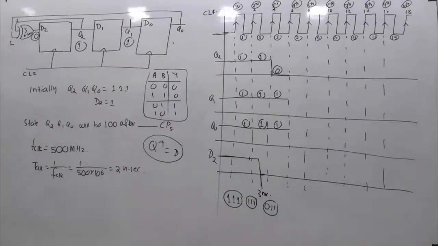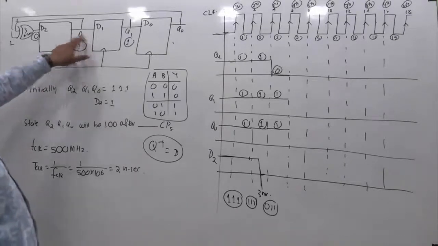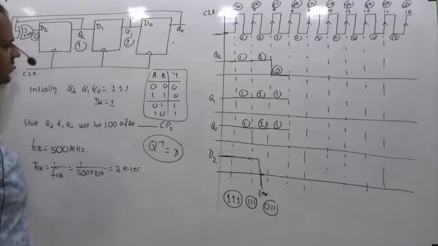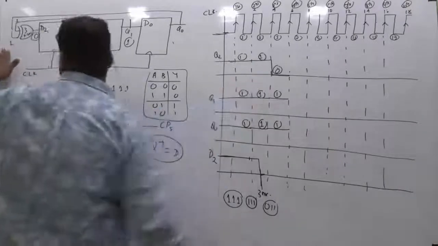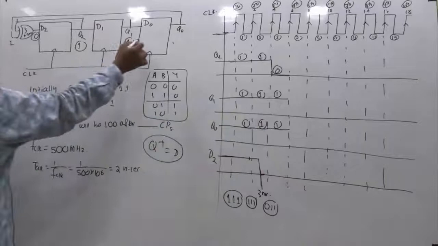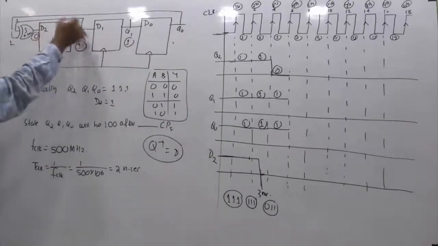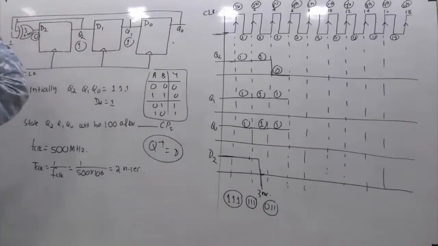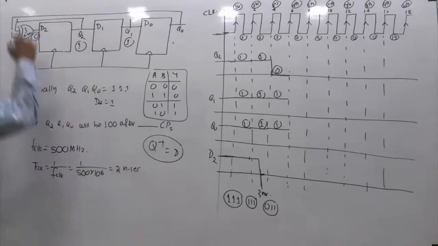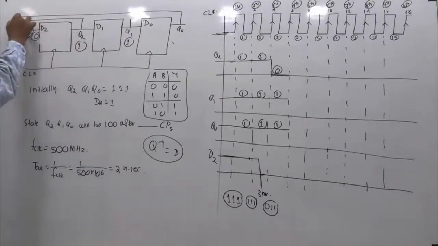But the main point is this. Now this Q2 is equal to 0, right? Because Q2 was 1 earlier, and this connection is given from Q2, so this point is Q2. Q2, which was 1 earlier, now becomes 0.